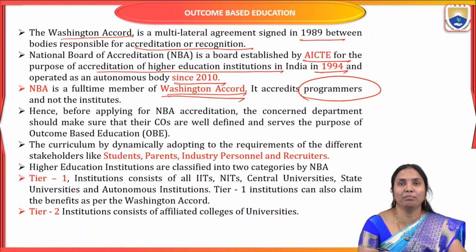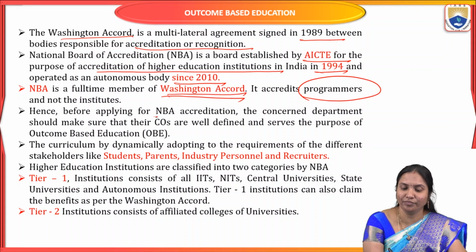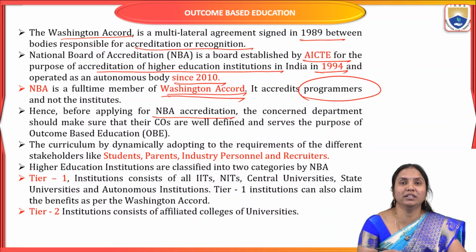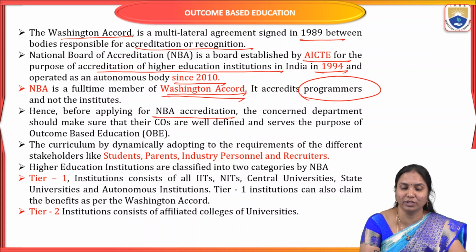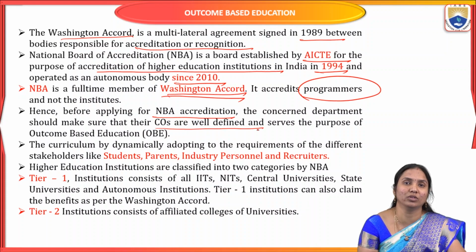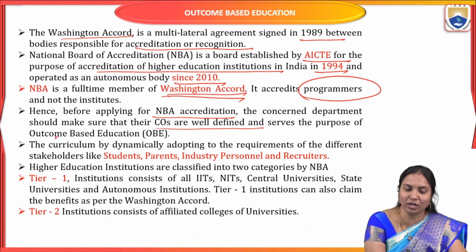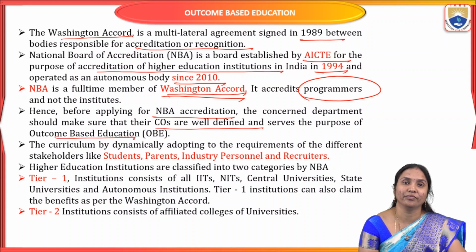So before applying for NBA accreditation, the concerned department, like BTech or MTech, in which different courses are there, should make sure that their COs are well defined. COs means course outcomes, which are well defined and serve the purpose of outcome-based education.